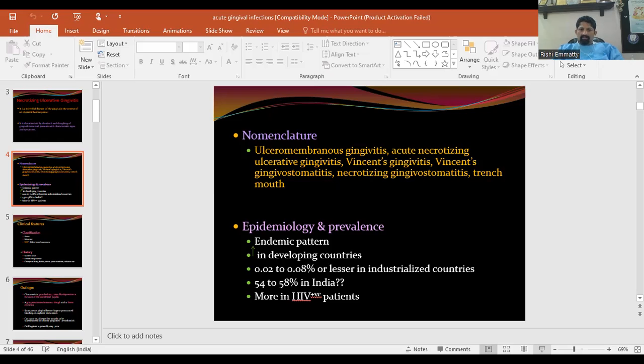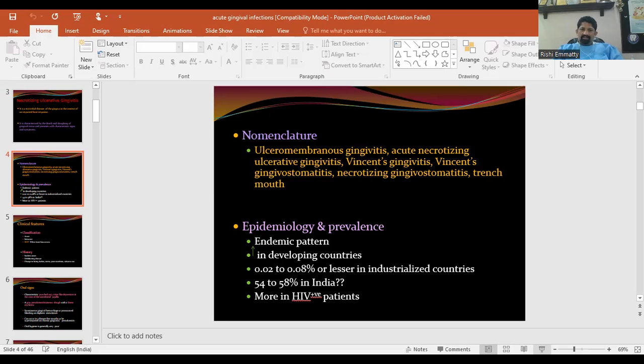What is the prevalence or epidemiology of this disease? It has an endemic pattern and is seen mainly, and increasing, in developing countries like India. The prevalence is 0.02 to 0.08% or lower in industrialized countries, and 54 to 58% in the Indian population.